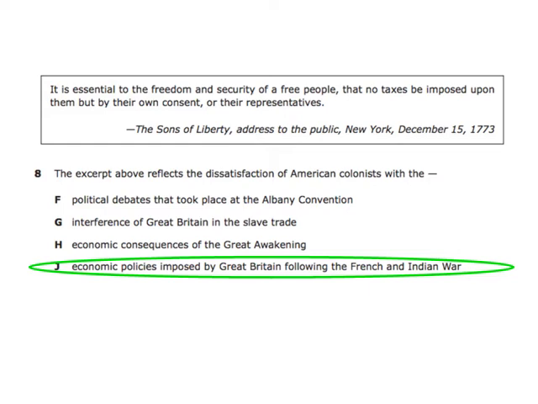Yeah, the British were in debt because of the war, and so now their policy was, we're in debt, we need money, we're going to tax the colonists, right? Up here in the statement, it says it. Now the Sons of Liberty, remember the colonial guys in Boston and throughout the colonies, they were saying, look, it's essential to our freedom and security that no taxes be imposed upon us without representation.